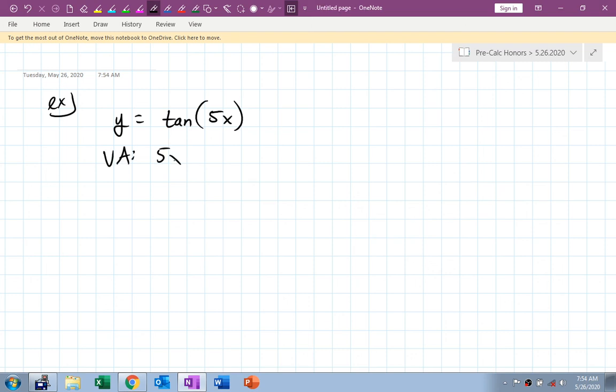You make 5x equal to pi over 2, and 5x equal to negative pi over 2. Before, I just had x equals and didn't have to solve anything, but here I have to actually solve for x. So I divide both sides by 5, and I get x to be pi over 10, and in this case, x to be negative pi over 10.